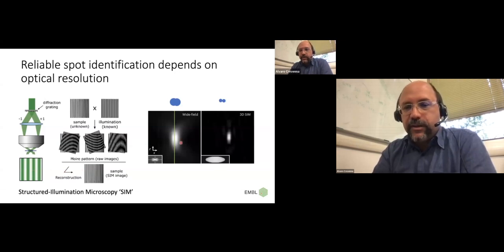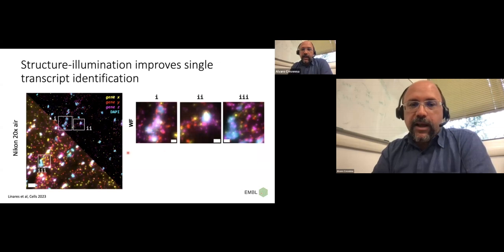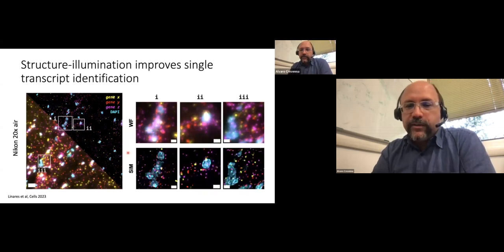By doing that, we can go from a PSF, or point spread function, to a higher resolution, which means that if we have a single object, we'll be able to resolve it better. We can go from wide field to SIM, and we can see that some of these objects are now much better resolved.